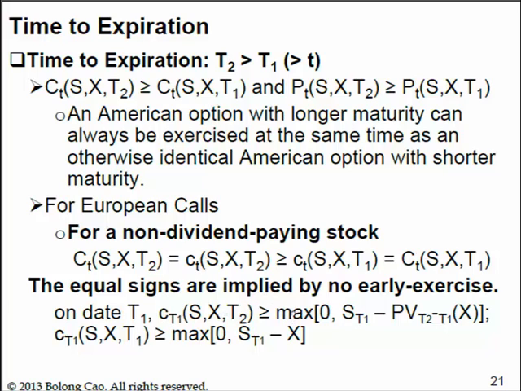It has a lower bound of the maximum between 0 and the spot price at T1 of the underlying minus the present value of the strike price. You discount that from T2 to T1. It's a European option. You're only going to receive the strike price on T2, the further away expiration date. And the current time is T1, so you discount the strike price from T2 to T1.